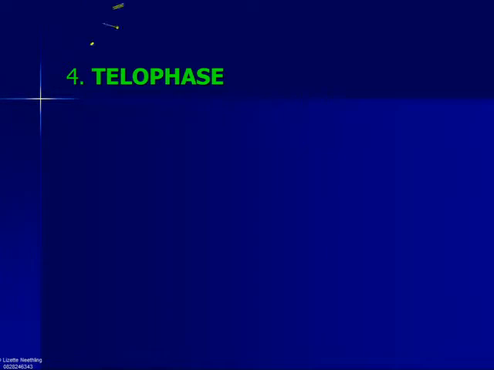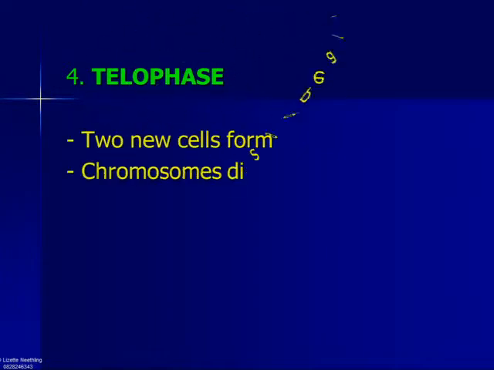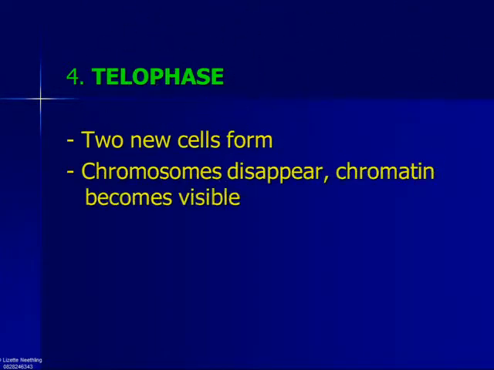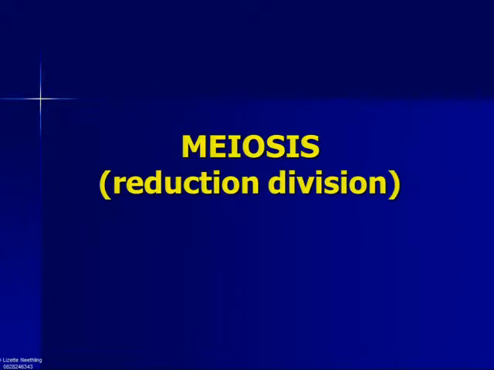The last phase is telophase, where cytokinesis kicks in, and we're going to form 2 new cells. Chromosomes disappear again, the nuclear membrane will come back, you have a nucleus again, and the chromatin becomes visible.